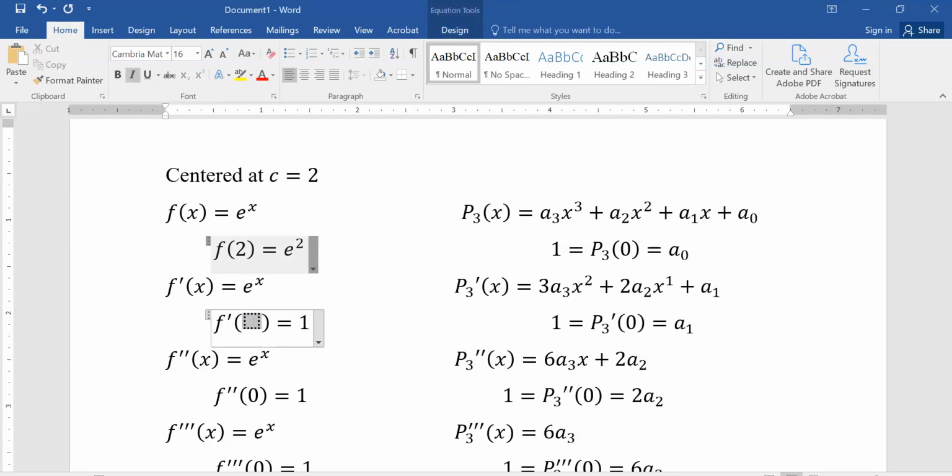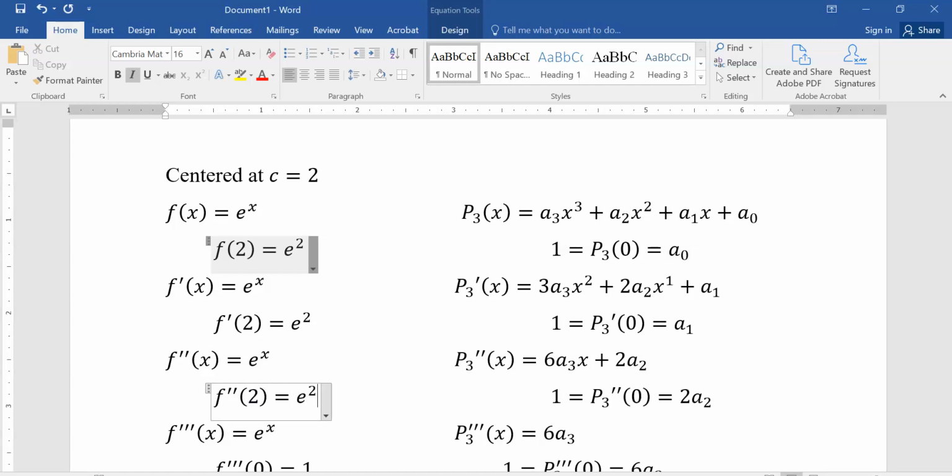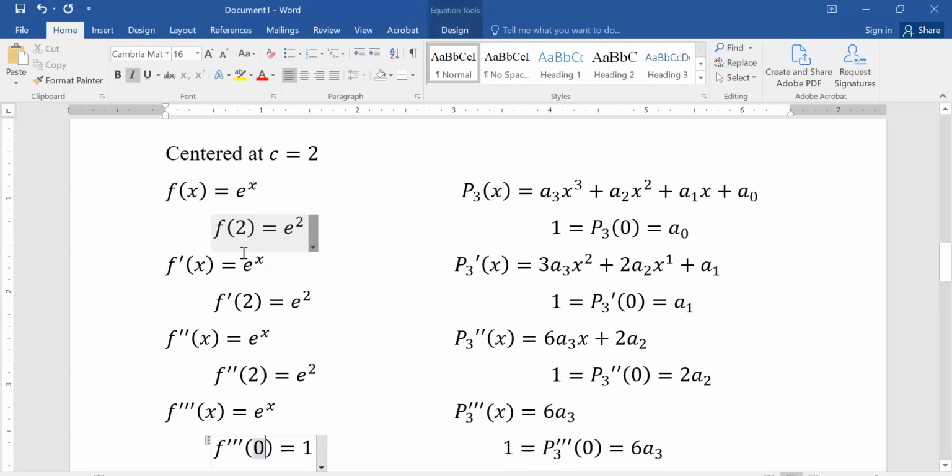You're not getting 1 anymore, but you do get e squared every time when you want to center it at 2. And the other thing, centering this at 2, this was a third degree polynomial. I forgot to tell you that. So we want to make sure that we have up to third derivatives when we do this.